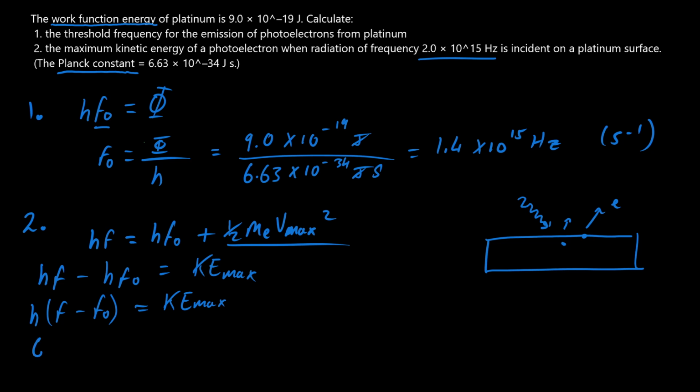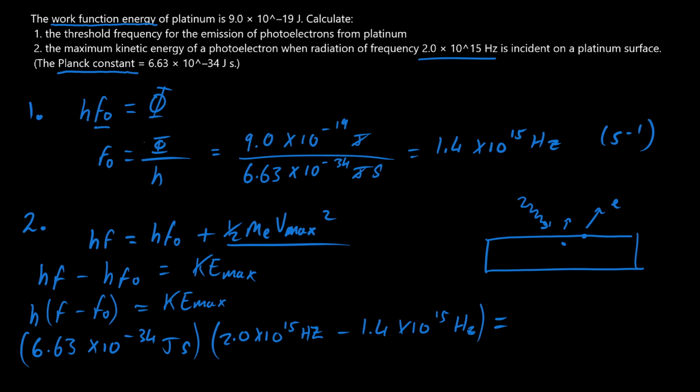So Planck's constant is 6.63 times 10 to the minus 34 joule seconds, and we multiply that by the difference in the frequencies between the incoming radiation photon and the threshold frequency that is required to just about get the electron off the surface. And we end up with an answer of 4.0 times 10 to the minus 19 joules.